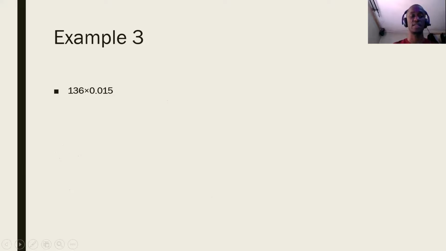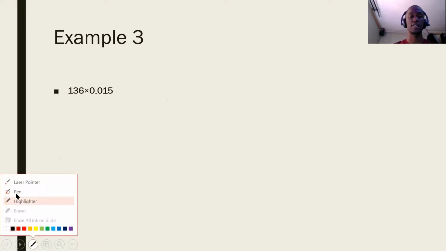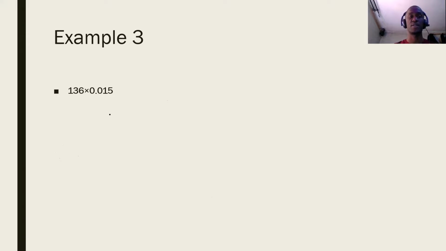We move to the next example, which is our last example, example 3. We have 136 times 0.015. So the first thing is to identify the decimal points. How many do we have there? There is one on 0, then one on 1, and then another on 5. So how many decimals are those? Those are 3 decimal points.